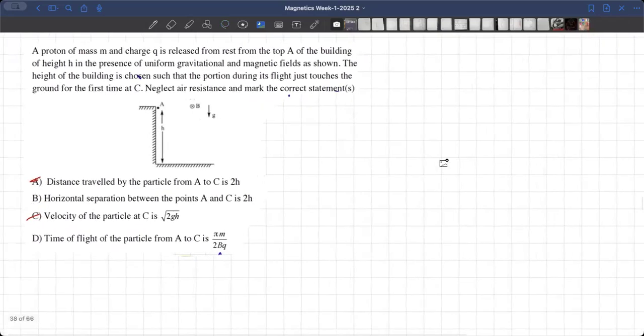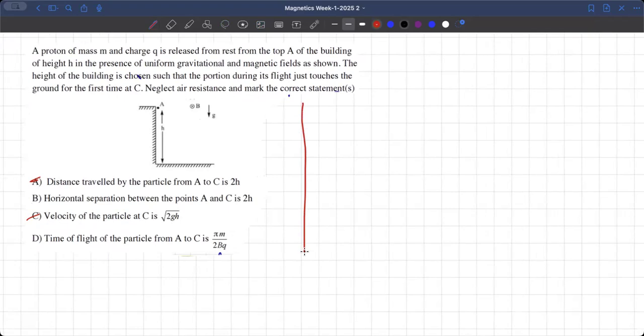Okay, hope you can see this question clearly. A proton of mass m and charge q is released from rest from the top of a building of height h in the presence of a uniform gravitational and magnetic field. I don't see any difference between this question and the one I did previously, so now I have clearly understood that this is the E axis. E is nothing but mg by q, right?